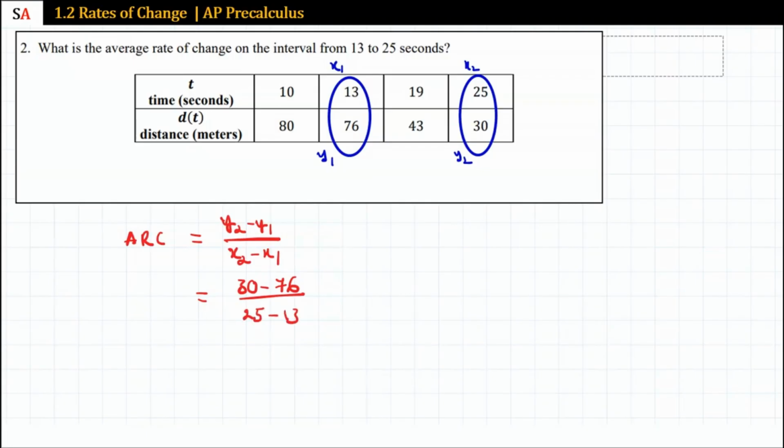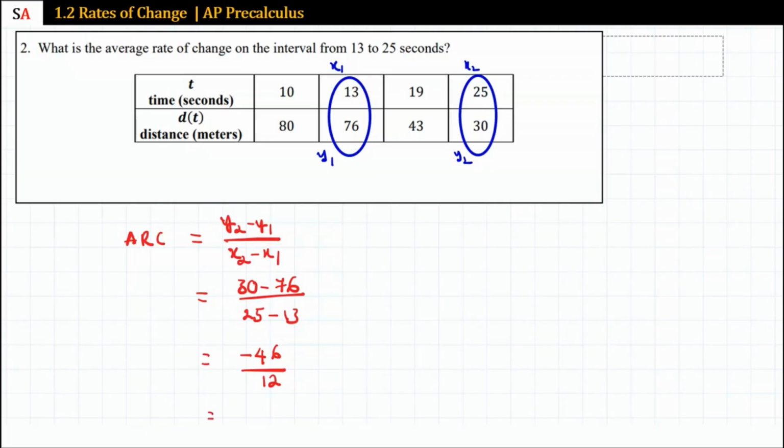So this is equal to 30 minus 76, which is negative 46, over 25 minus 13, which is 12.